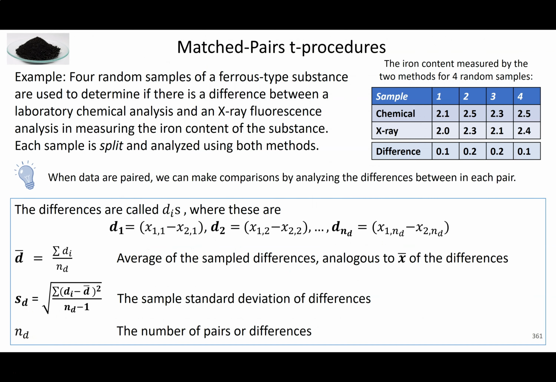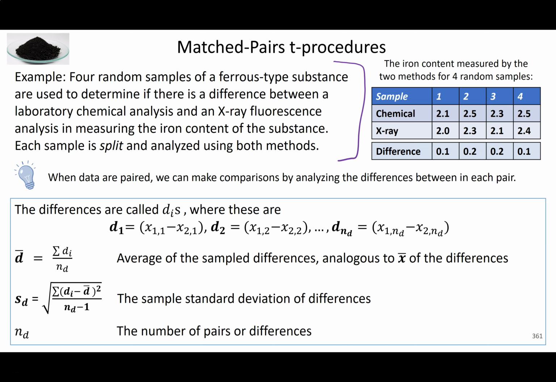So this is the example we're going to use throughout this particular lesson. We have 4 random samples, which is not a lot, I admit, of a ferrous substance, so think iron, right? It's used to determine if there's a difference between the lab chem analysis and X-ray fluorescence analysis. So they have two ways to analyze it and determine how much iron content is in it.